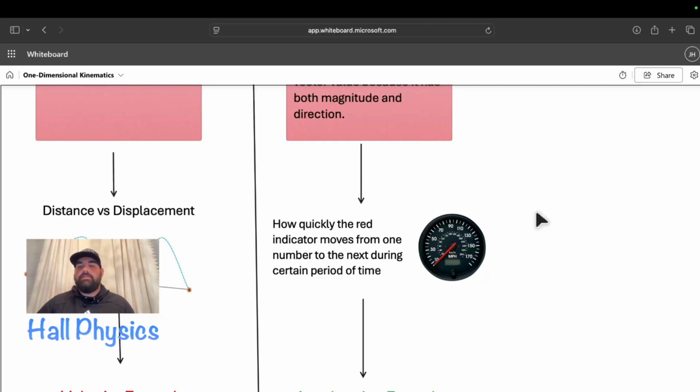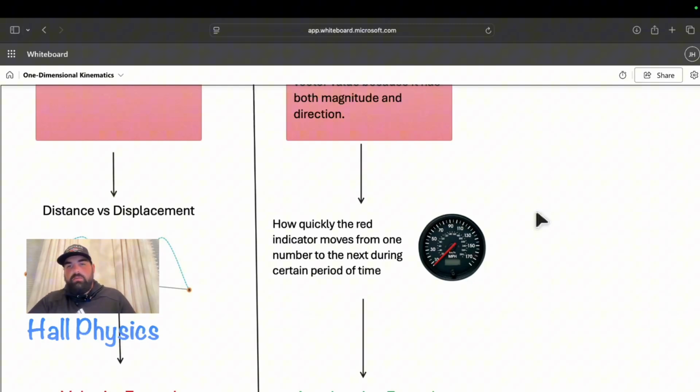This also is a vector value, so it has magnitude and direction, okay? If I accelerate in the positive direction, I'll be moving to the right or up. If I decelerate, I'll be slowing down in the negative direction, which is to the left or down, okay, depending on our coordinate system.